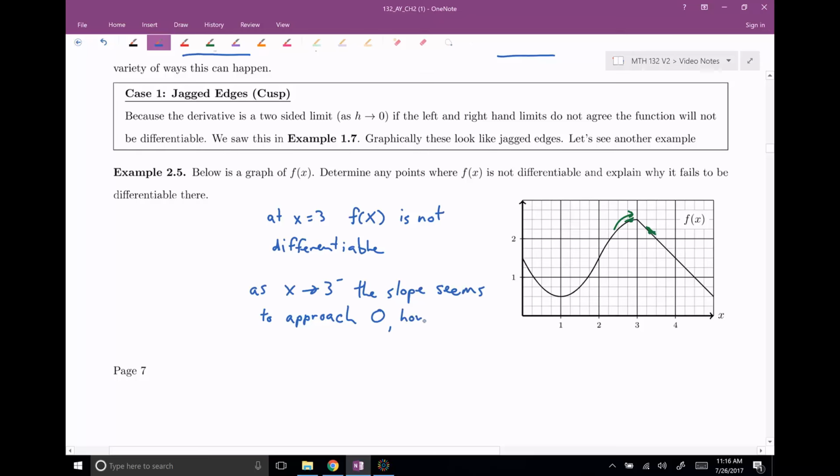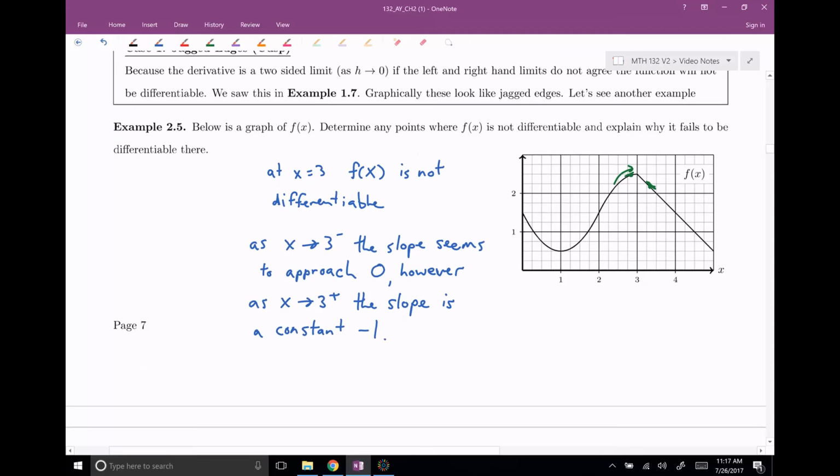However, as x approaches 3 from the right, the slope is constant, like -1. And so remember, in order for a two-sided limit to exist, which the derivative is, we need the left-hand limit and the right-hand limit to agree. So because 0 and -1 are not the same number, this limit will not exist.